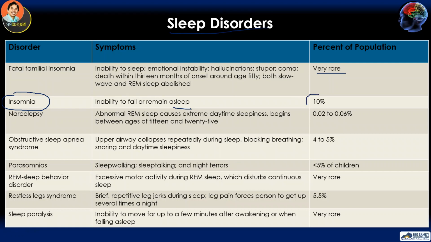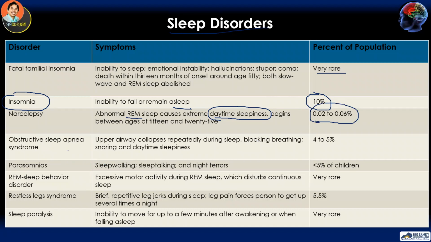This is the most common one, and about 10% of the population might have this problem. Narcolepsy is abnormal REM sleep, causing extreme daytime sleepiness. So you're going to be sleepy during the day. It affects about 0.02 to 0.6% of the population.